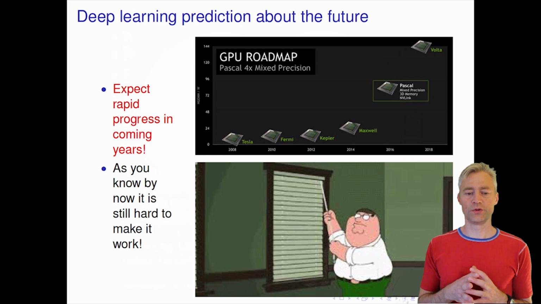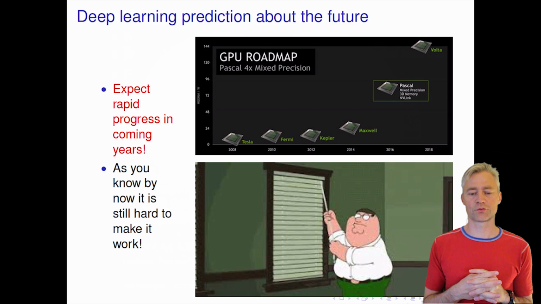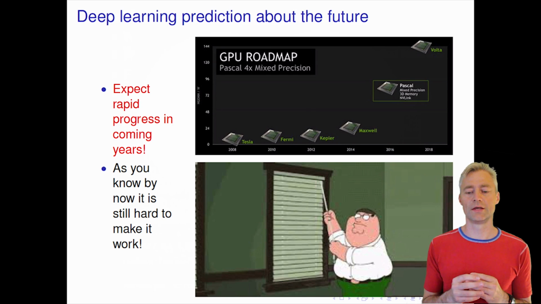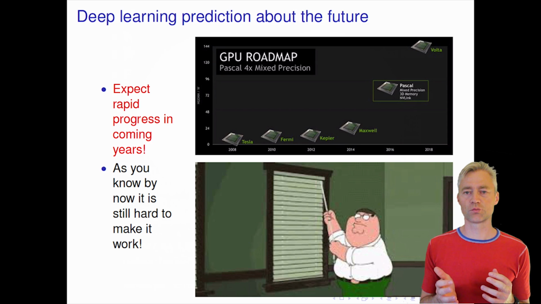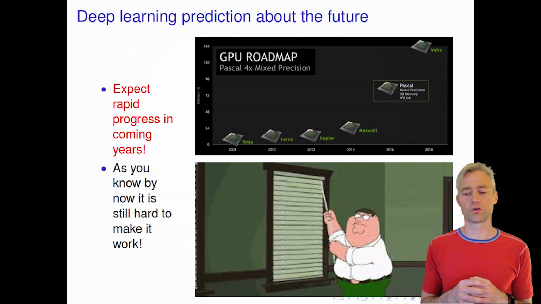So I've almost reached the end. Let me make a few predictions about the future. This graph from NVIDIA gives hope or fear, depending on who you are, that the progress we have seen in computing and in deep learning will continue for some time, because this shows an estimate not of the speed, but of the number of flops per watt.